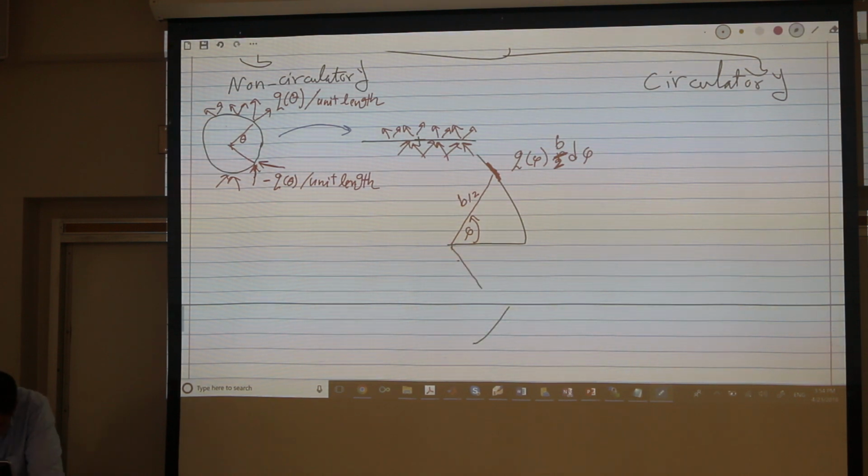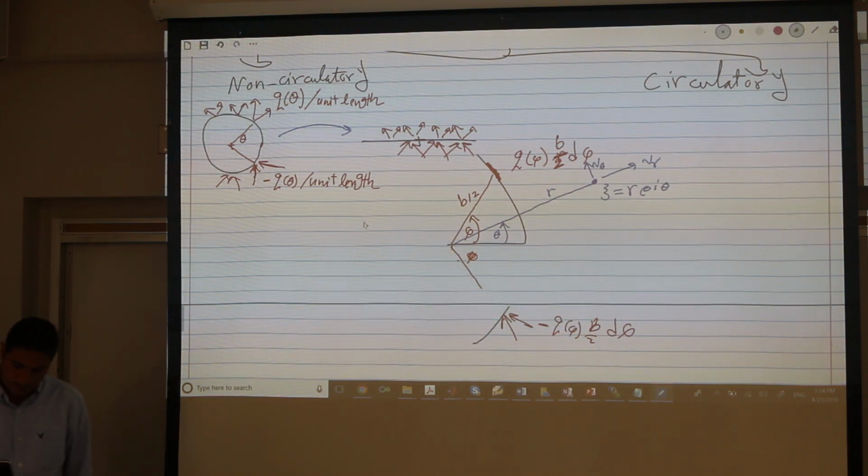Now we have the exact same thing here, but negative Q of phi, B over 2 d phi, okay? This is the same angle. And I have a generic point here at a distance R and an angle theta. So this is zeta equals R e to the i theta. And I want to get the radial and tangential velocity. In particular, I'm interested in the tangential velocity, right?